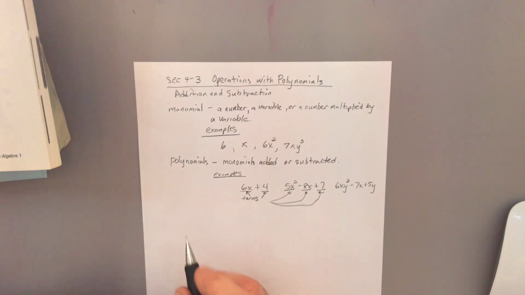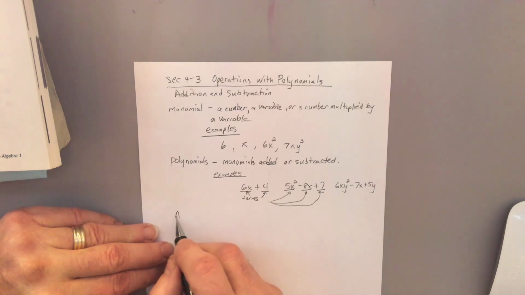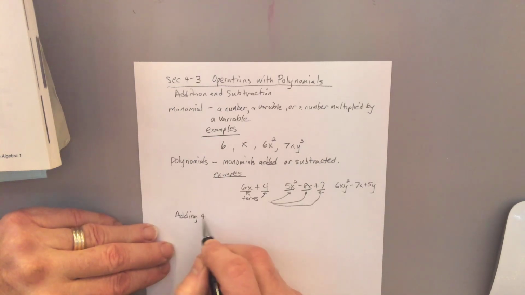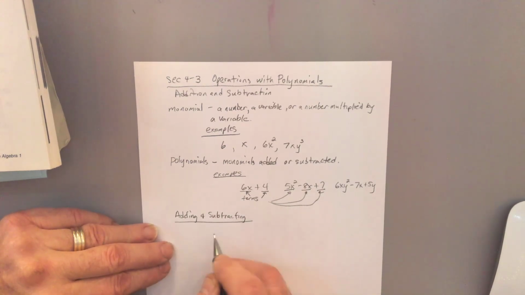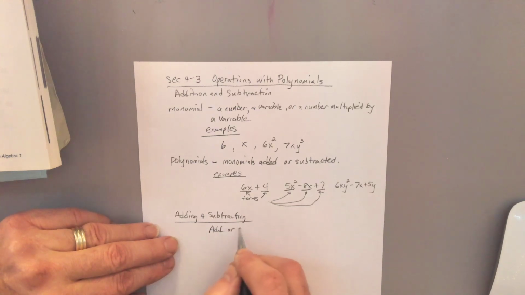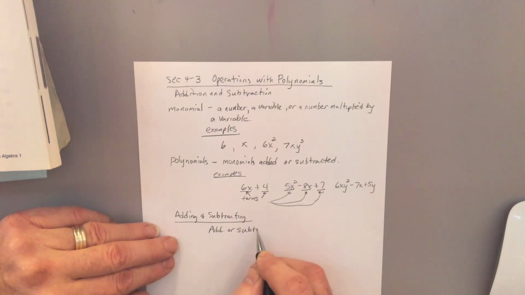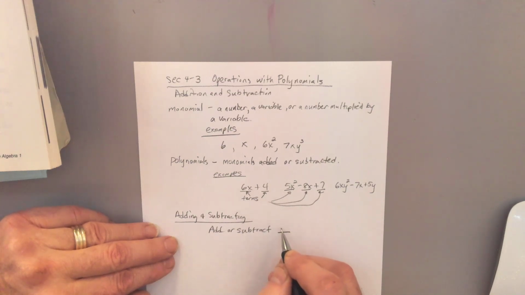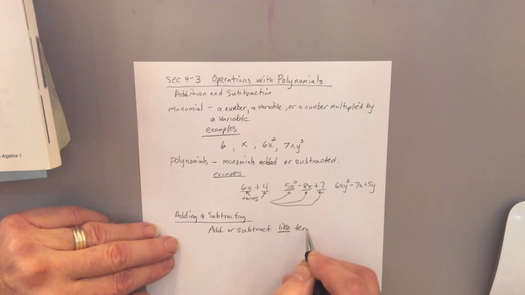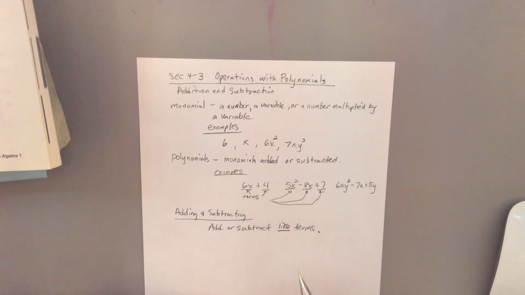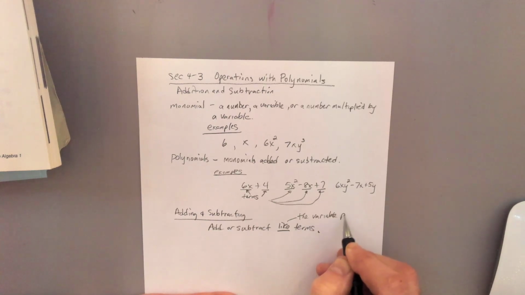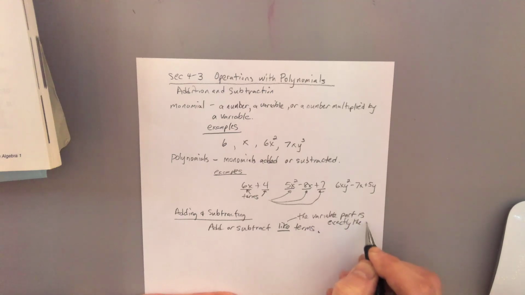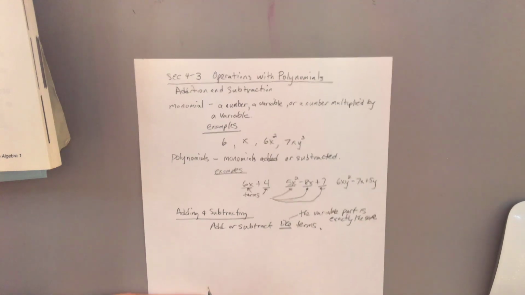So today in adding and subtracting polynomials, what we do is we add or subtract what are called like terms. What makes terms like terms is that the variable part is exactly the same, exponent and everything.